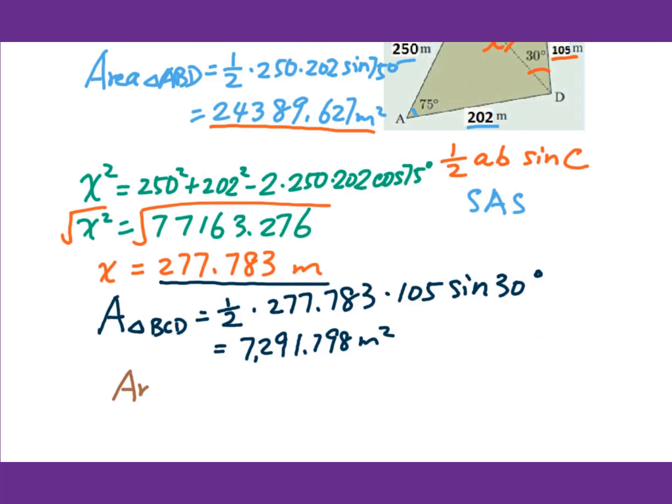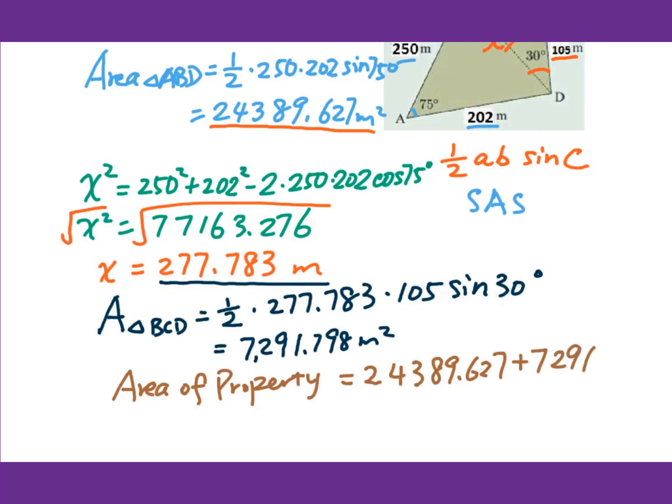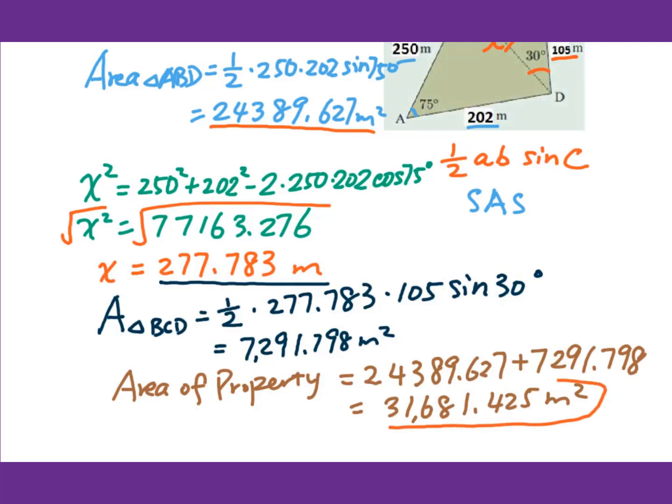Therefore, for the area of the property, we add these two triangles. We got 24389.627 add 7291.798. So you will get 31,681.425 meters squared. That's the area of the property.